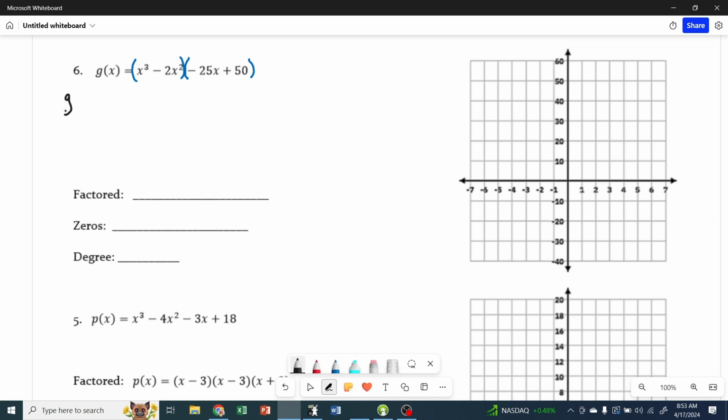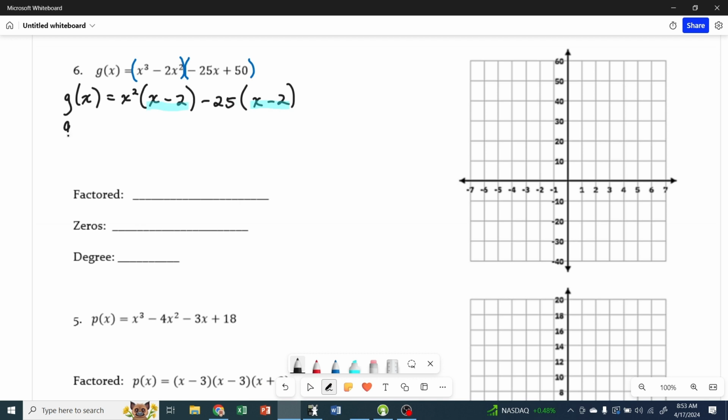And I'm going to get g of x is equal to, my greatest common factor between those two is x squared, and this is going to be x minus 2. And it's negative 25 here, so minus 25, and it's going to be x minus 2 again. And we've talked about this when we factor these. When we factor by grouping, these two must be identical.